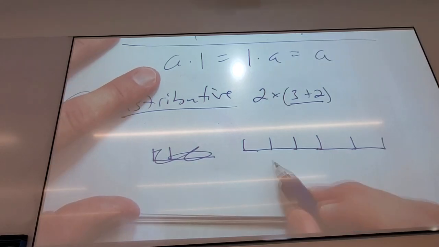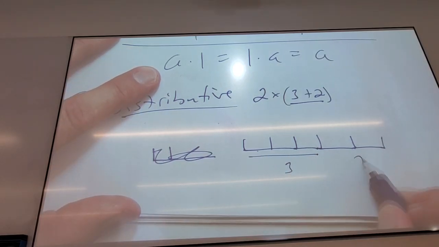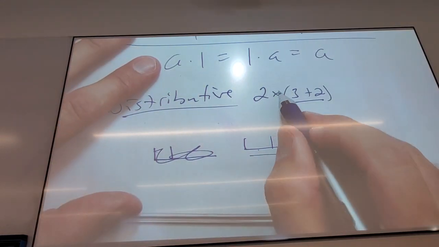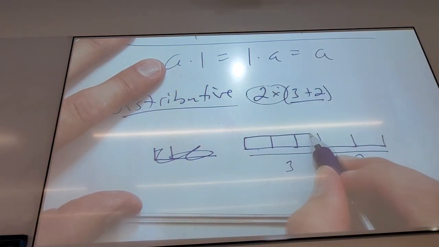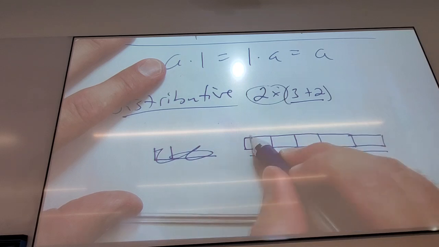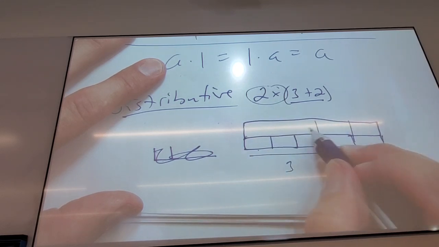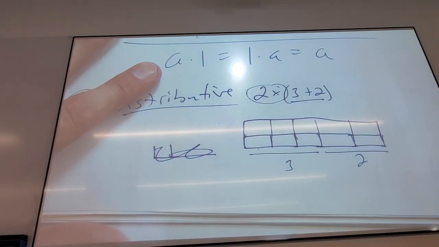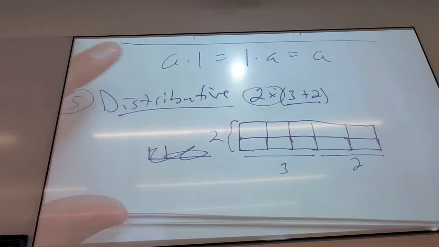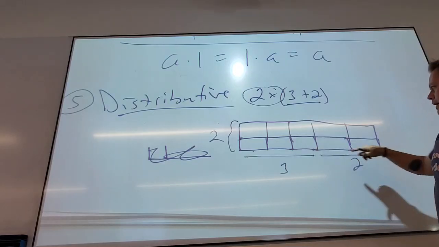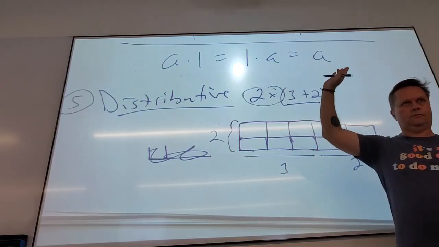Is that cool? So this is 3 plus 2. Now the reason I did it like this is because now I want 2 times that, so I want to double this, yes? Pretend like I drew that to scale. So do you all agree with me that this is 2 times 3 plus 2, because I have 3 plus 2 twice? Is that cool?